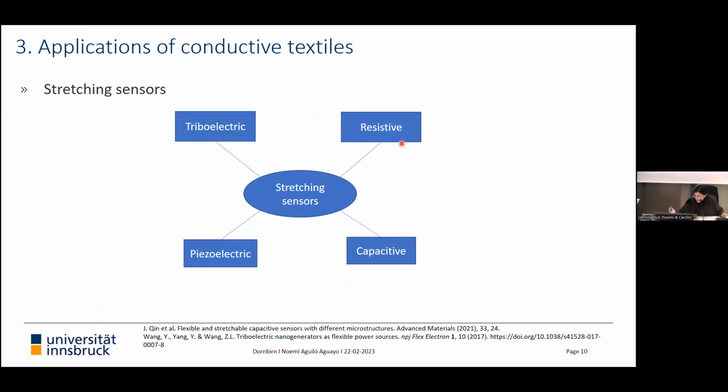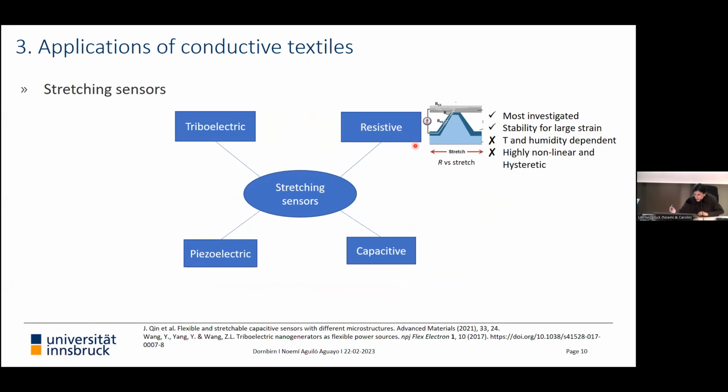So the idea is that we have these conductive textiles, these coating yarns, they have their own resistance. And the idea behind is that when we stretch the textiles, this resistance will change and we will have our sensor. This is the most investigated system.